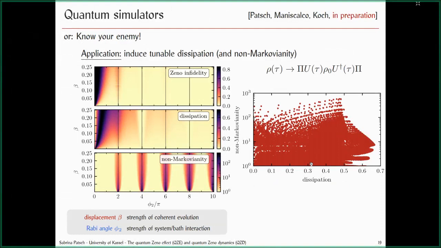So by tuning my parameters in a sensible way, you can reach all the points that you see in this plot. And this is now a bit more complicated with 2 Zeno pulses, but in general, it's still based on the measurement process, and it's still based on the coupling and the Zeno effect. So we can do really a lot of interesting stuff with the Zeno effect and Zeno pulses.